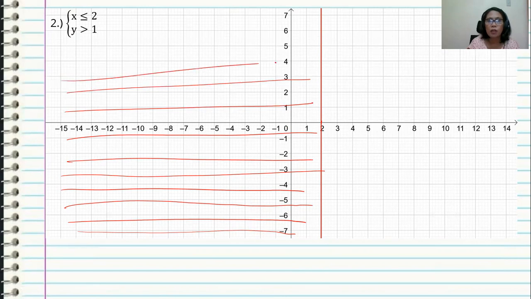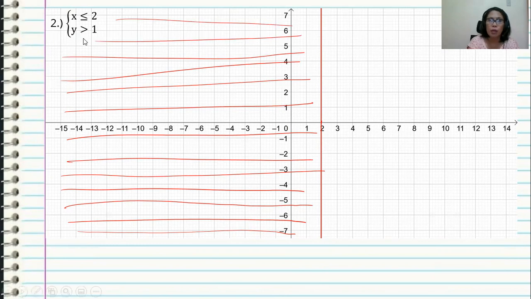Now, on the other hand, the graph of y is greater than 1 is a horizontal line. And then we'll consider the boundary 1 here. So it's a horizontal line such that the horizontal line will intersect this y equals 1 here.